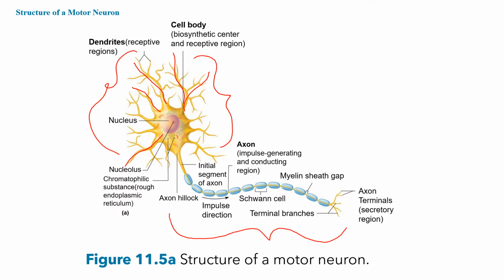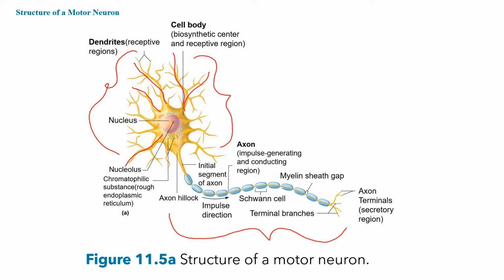The nerve impulse will then move through the cell body, and then it will go to this area called the axon hillock, which is then going to lead to the axon. Now the axon is going to be the direction that we're going to send our nerve impulse, and we'll talk a little about the nerve impulse in a second.